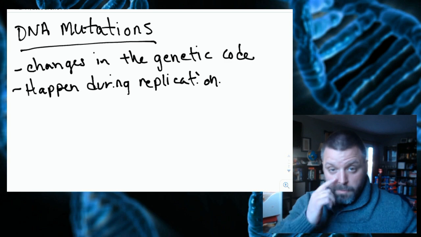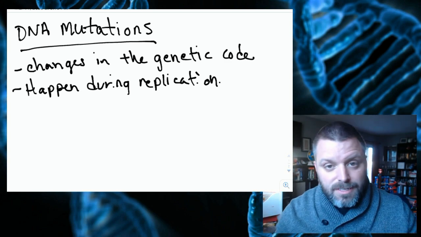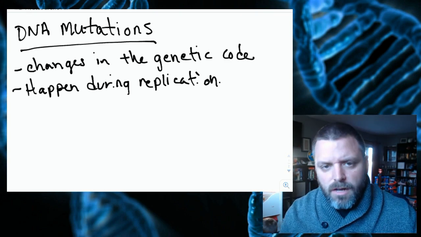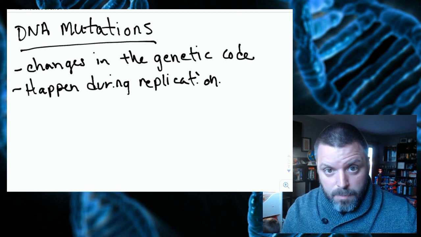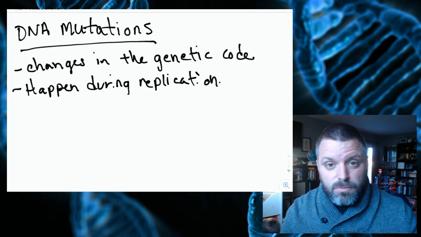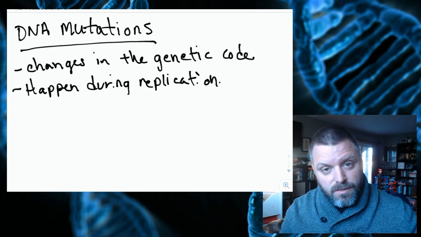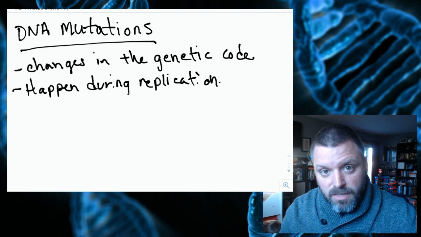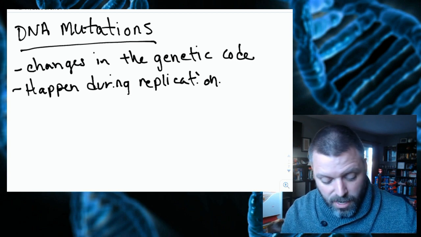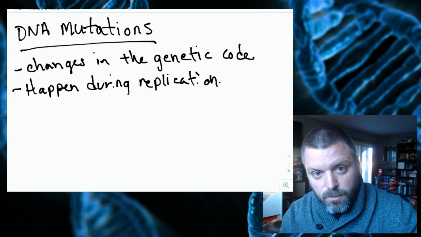And if you remember, replication is copying the DNA. The DNA is very, very long, millions of bases long. And so when you are copying it, mistakes get made. You have enzymes that proofread, but when you're doing base after base after base, sometimes errors happen, mistakes happen. It happens when I write, it happens when you write, it happens when everyone writes.